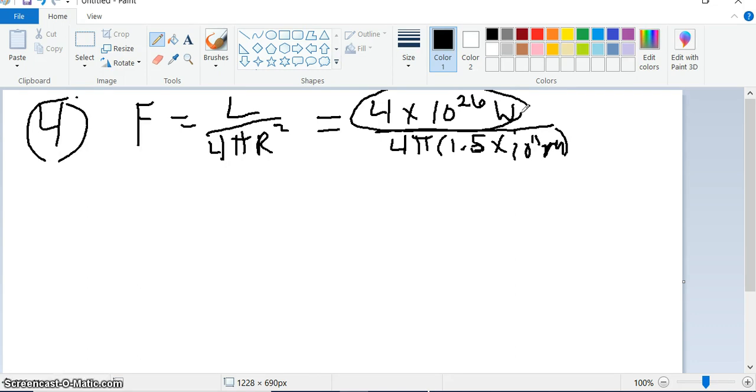So it's 4 pi times r squared, 4 pi times 1.5 times 10 to the 11th, sorry, 10 to the 11th meters, squared. Remember, it's 1.5 times 10 to the 8th kilometers, but it has to be in meters to get the watts to work out correctly.